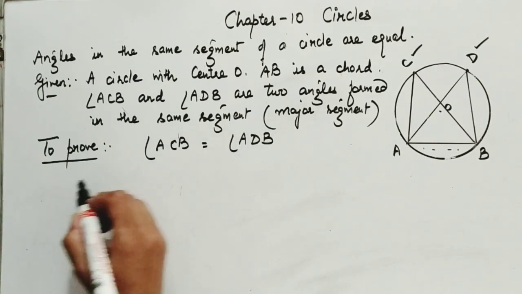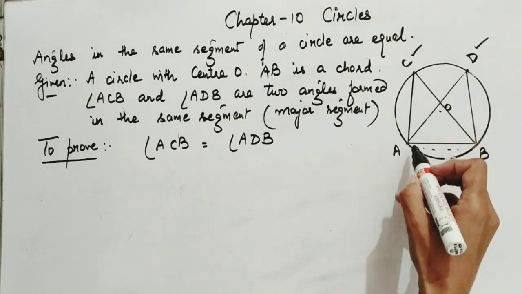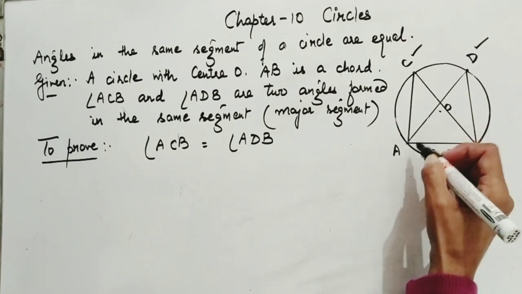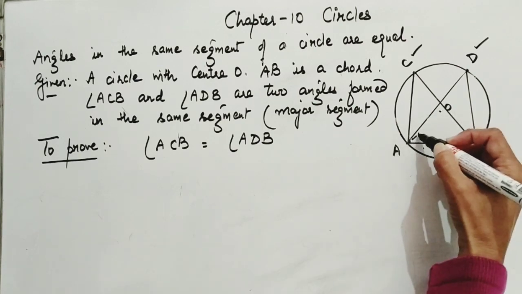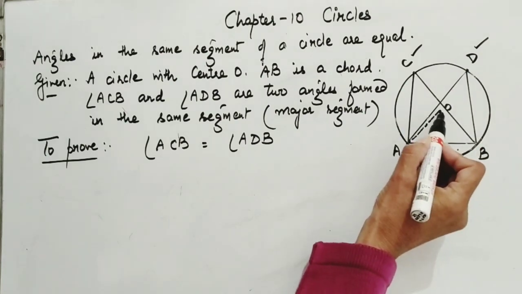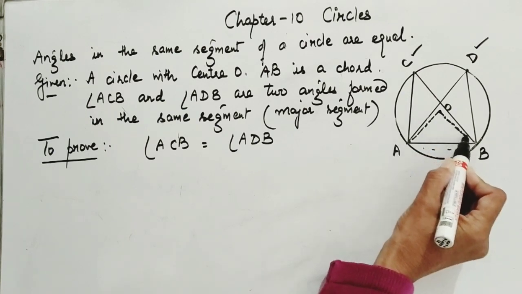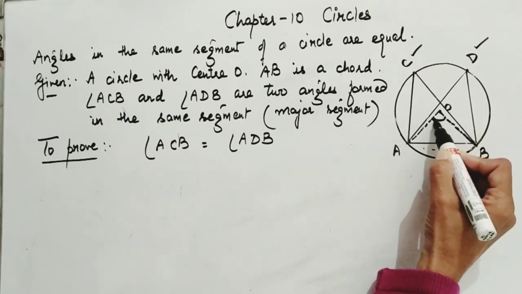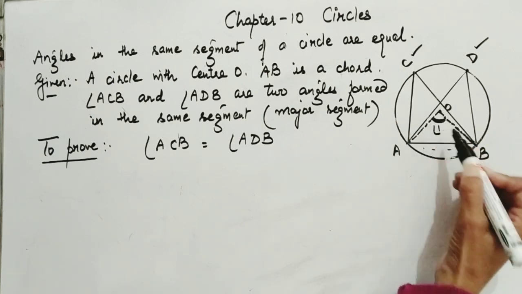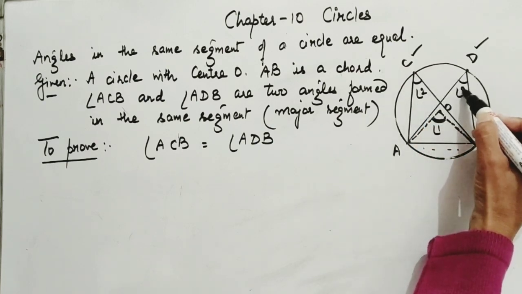We would be doing this with a bit of construction, and that construction is AB is forming AOB at the center. So let's connect AO and OB, the central angle. I am marking it as angle 1. Let this be angle 2. Let this be angle 3.